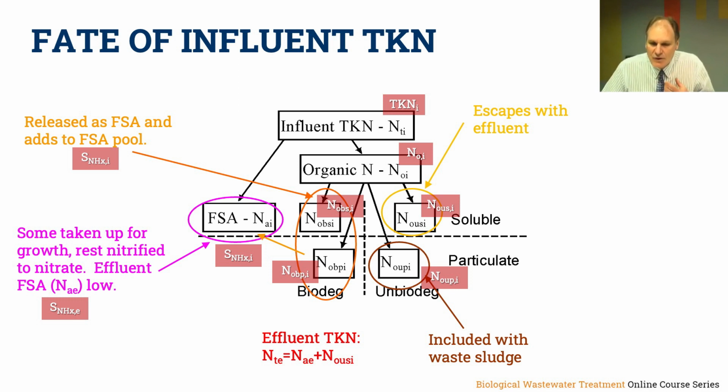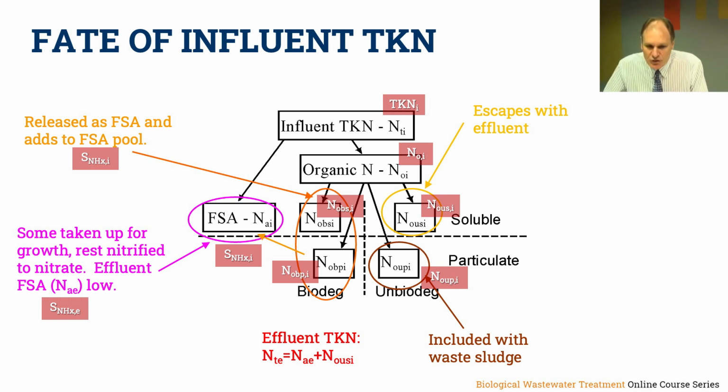Now, in the same way as all the biodegradable organics are broken down by the heterotrophic organisms in the biological reactor, the ammonia that may be associated with those organic compounds is released into the bulk liquid as ammonia and adds to the ammonia pool that comes in with the influent wastewater.